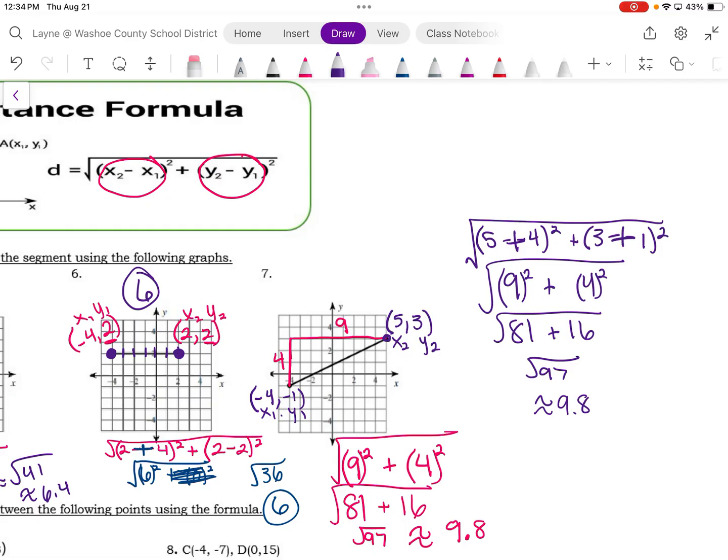So if you want to plug fully into the formula, you can. But an alternative is recognizing that x2 minus x1 is just the distance between the x values, and y2 minus y1 is just the distance between the y values.